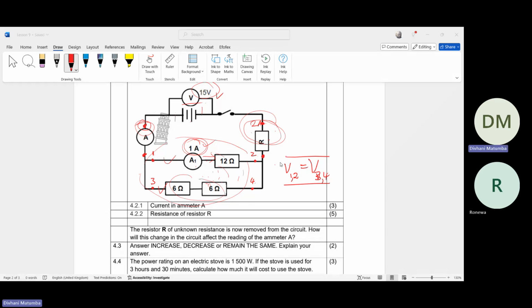Can you see now? But I still can't. Oh, okay, now I see. Okay, no, good.